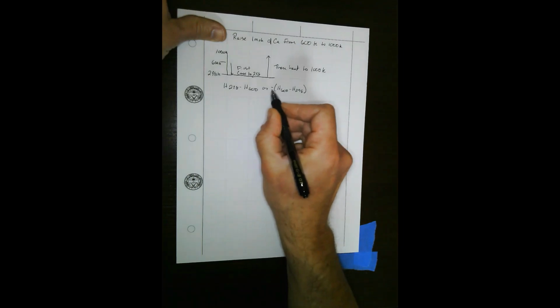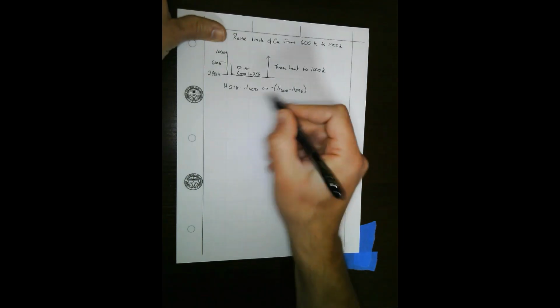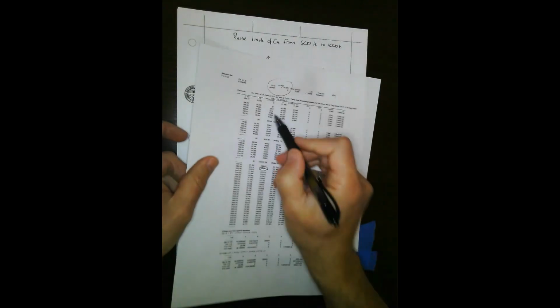Basically saying this is the negative enthalpy value of 600 K because we're actually cooling it. Okay, so we get that value off the table, and the value on the table is 8184.